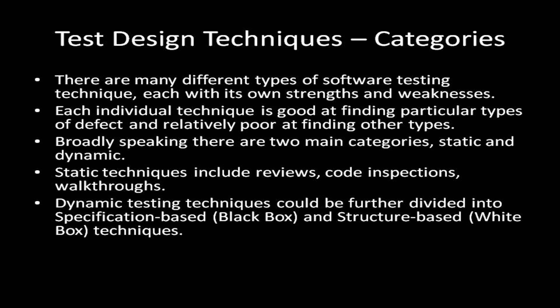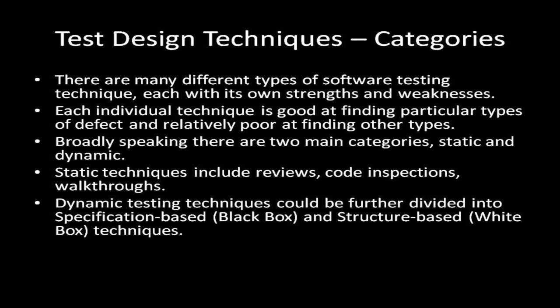Similarly, testing performed at different stages in the software development life cycle will find different types of defects. Component testing is more likely to find coding logic defects than system design defects. Each testing technique falls into one of a number of different categories. Broadly speaking, there are two main categories: static and dynamic. Static techniques were discussed in Chapter 3.